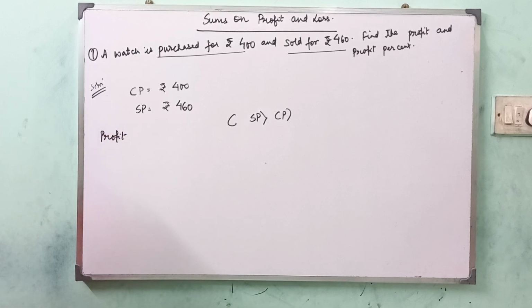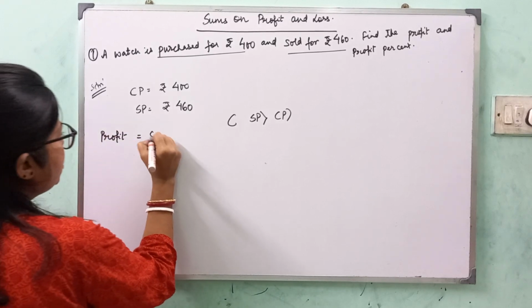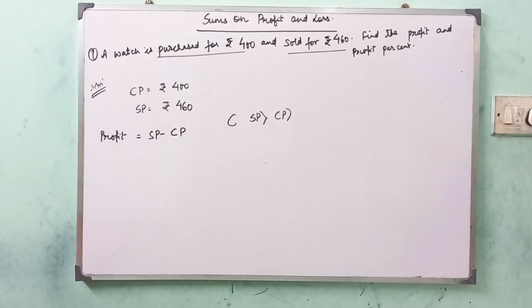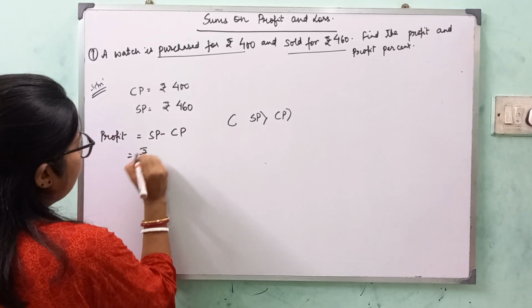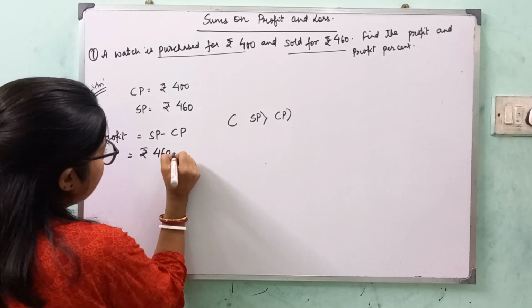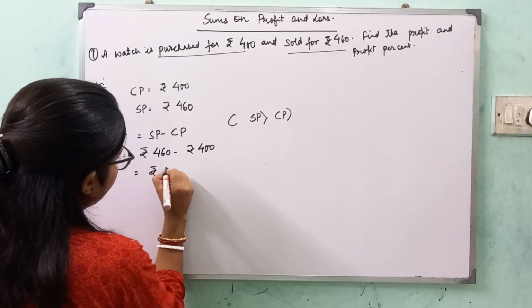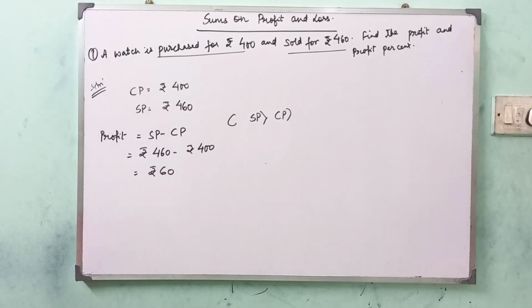And what is the profit? Formula for profit is SP minus CP, that is the selling price minus the cost price. So here the selling price is 460, the cost price is 400. So what is the profit? Profit is rupees 60. So 60 rupees is the profit that the person purchasing the watch is making on the selling of the watch.